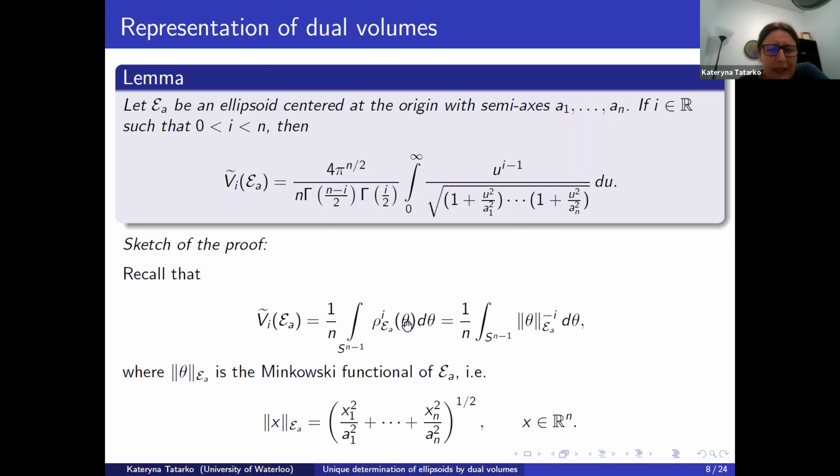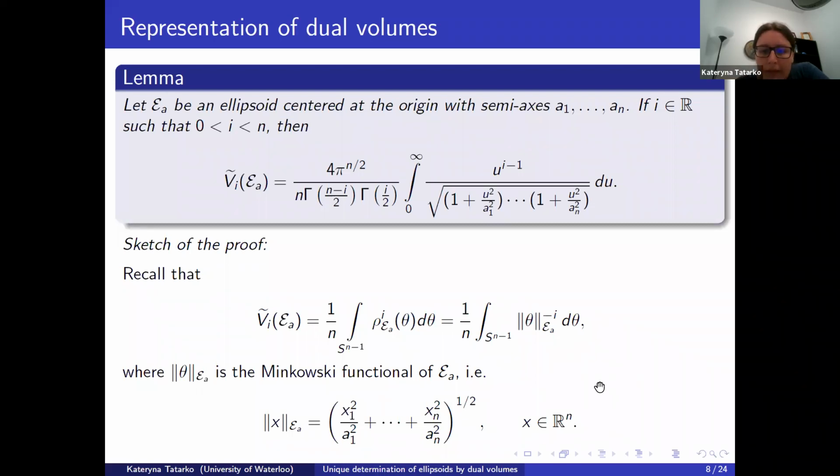It basically relies on the integral representation of the dual volumes in terms of integrals of powers of the radial function. Then we use the relation between the radial function and the Minkowski functional, that they are reciprocals of each other, which lets us rewrite this integral in terms of the Minkowski functional of the ellipsoid, which we can now write as a square root of the sum here.